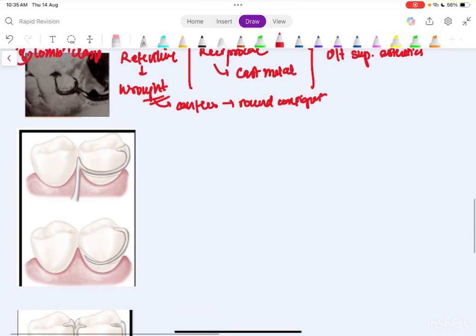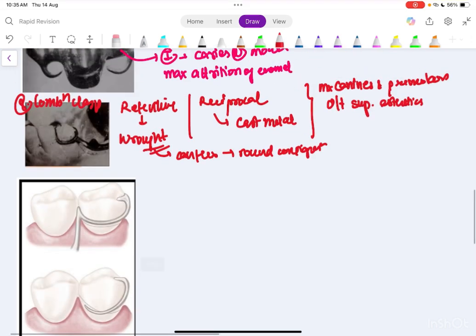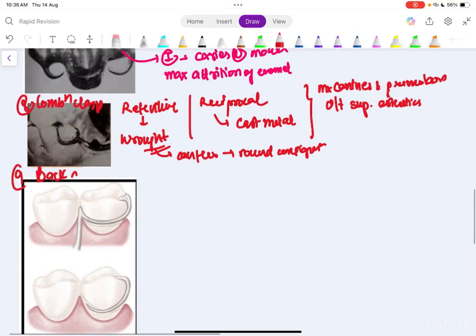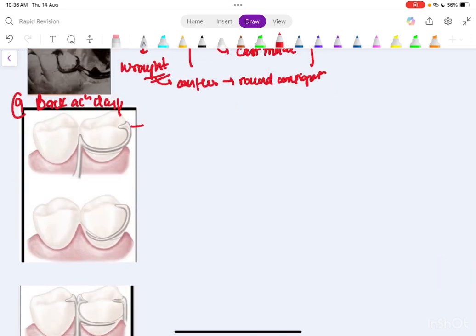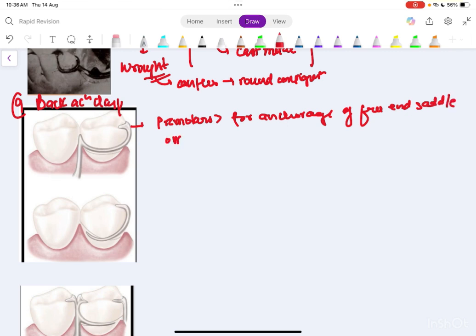Okay, now let's talk about this one. So this is a back action clasp. Now in back action clasp, basically it is preferred for premolars for anchorage of free end saddles. In this, basically it's a modification of ring clasp.